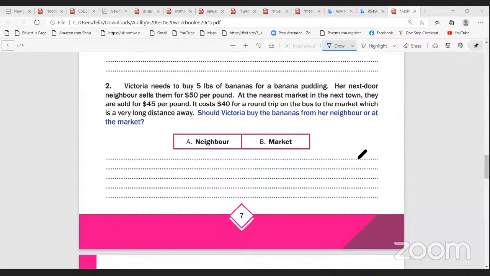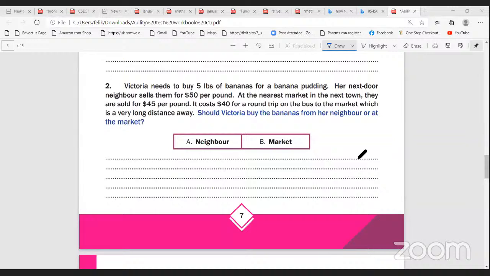Victoria needs to buy 5 pounds of bananas for a banana pudding. Her next door neighbor sells them for $50 per pound. At the nearest market in the town, they are sold for $45 per pound.